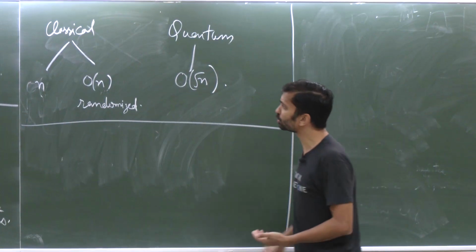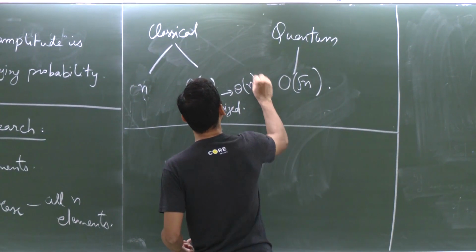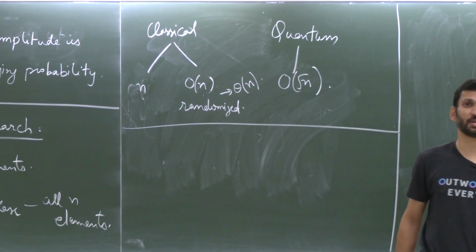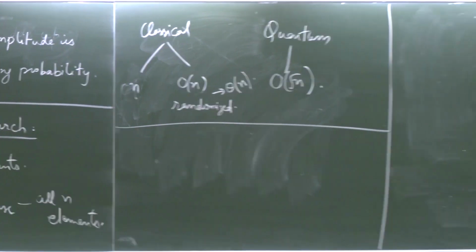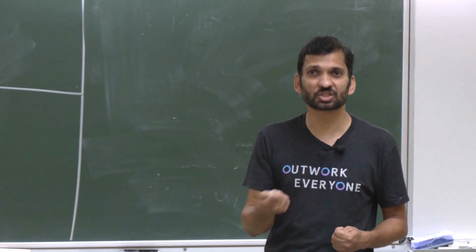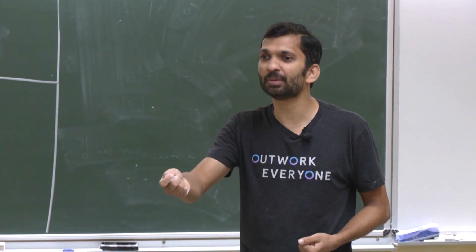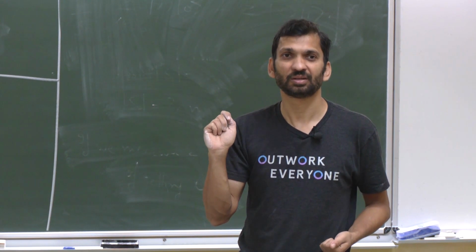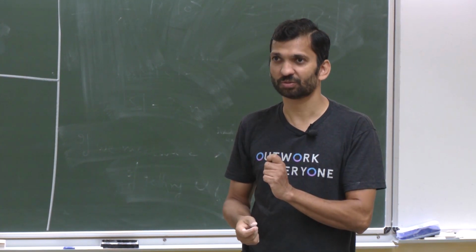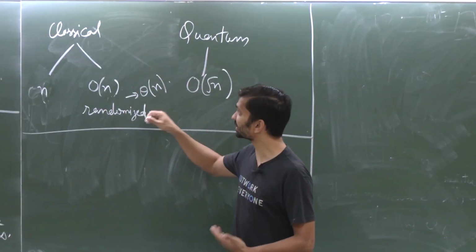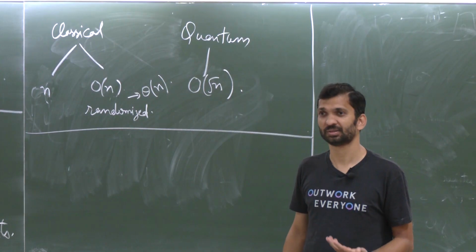What you can actually show is that this is the best possible strategy in randomized. There can be a lot of randomized algorithms for searching in an unstructured list. The basic algorithm is pick a random element and check whether it is the one I am searching for, and that will succeed if I pick order n many elements.